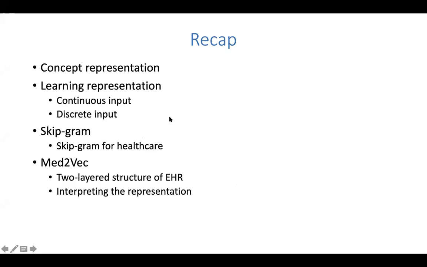So until last week, I mean, Tuesday last week, we finished the interpretability part with the model agnostic approaches, and then Thursday last week, we talked about concept representation or concept embedding. We talked about the continuous input and the discrete input, and when the inputs are continuous, we can rather see or visualize what the model has learned or captured about the data, more or less visually in a friendly way. But as for the discrete input, not so much.